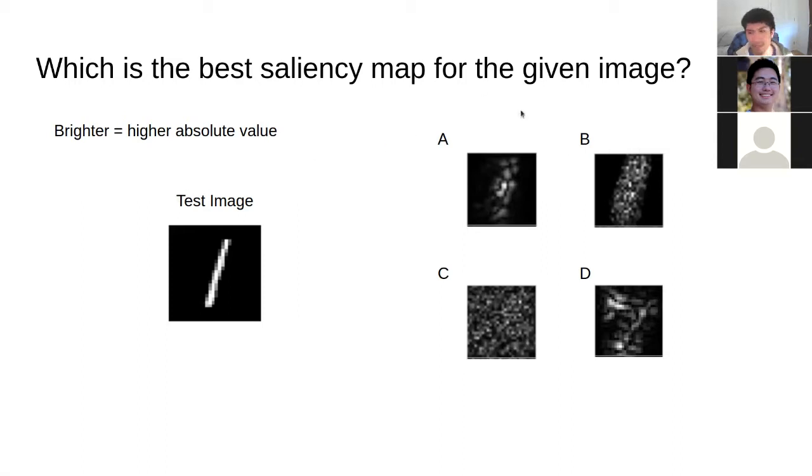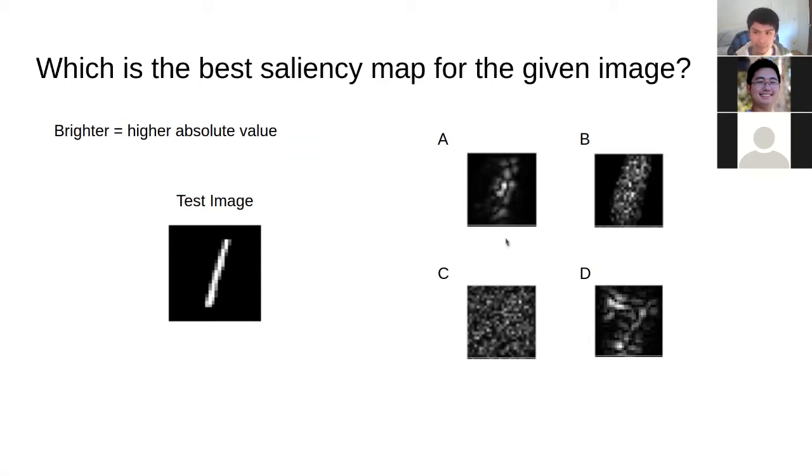But anyways, the question here is, we have this neural network, and we also have a test image. We pass this test image through the neural network and we get some classification output. And basically, we run one of our saliency methods, for example CAM or whatnot.